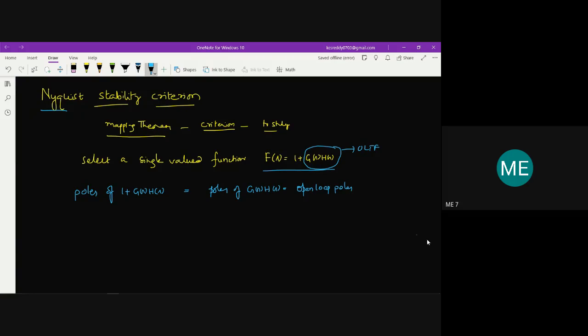Similarly, the zeros of 1 plus G of s into H of s are equivalent to the closed loop poles of the system.